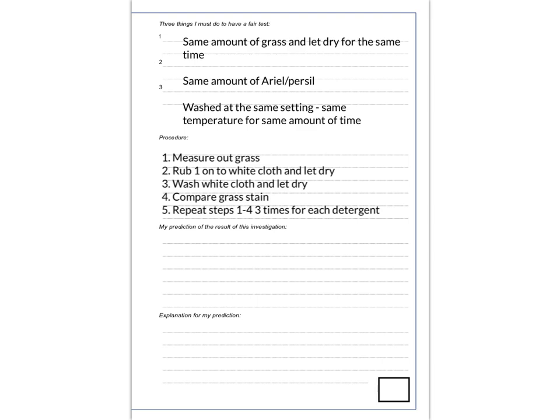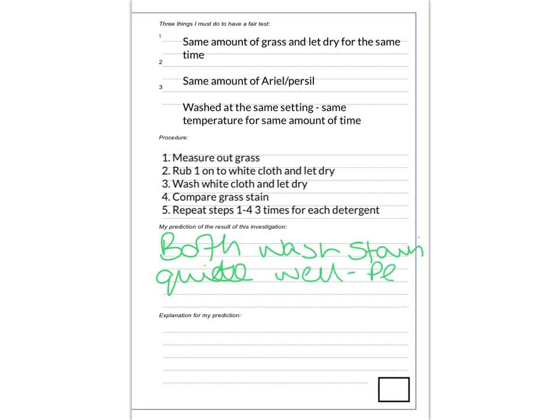Now, with regard to your prediction, you might have a preference for one washing powder. I'm going to say that they're both equally as good, so both should wash the stain quite well. Now, just because I use Persil in my house, I'm going to make the statement that Persil will come out cleaner.